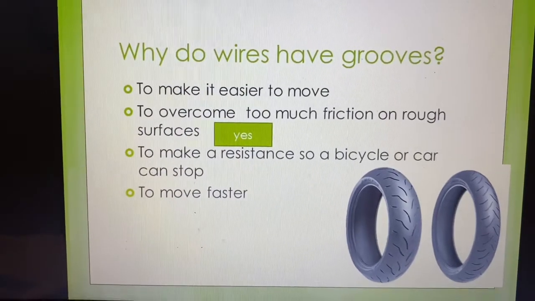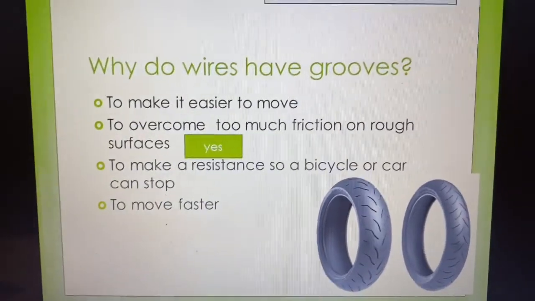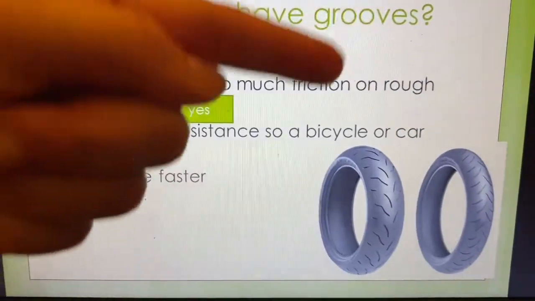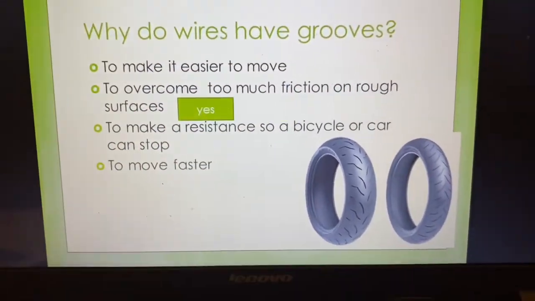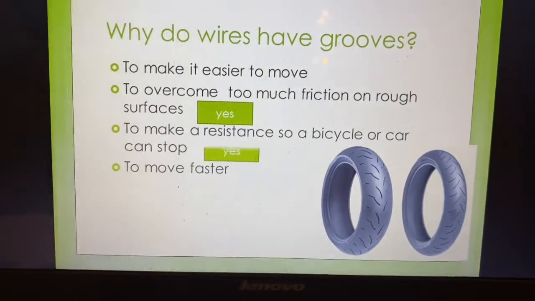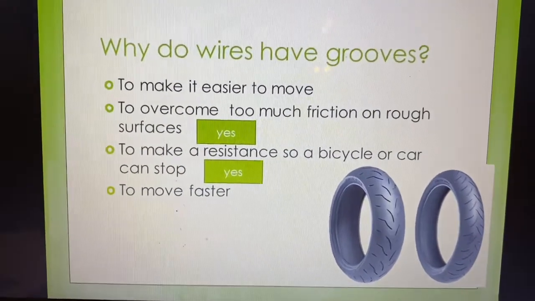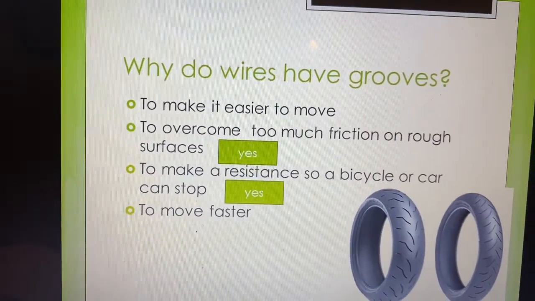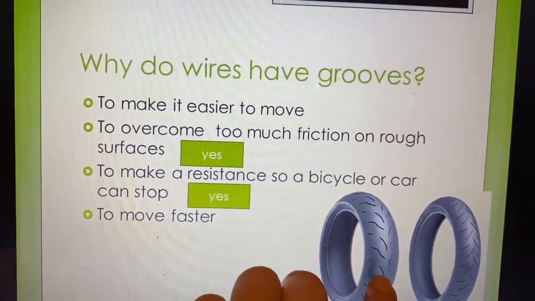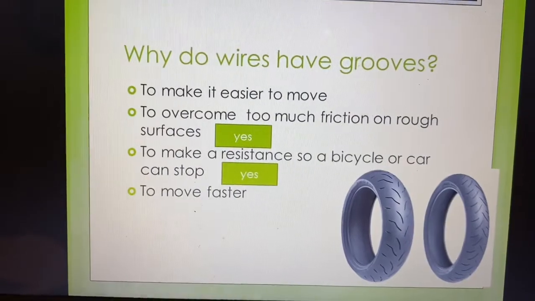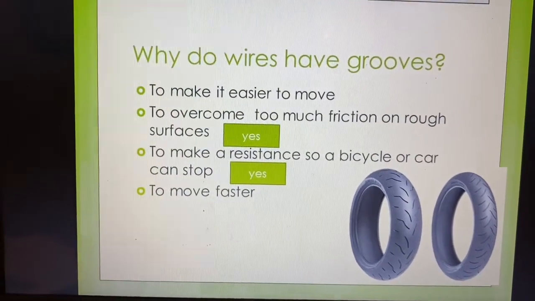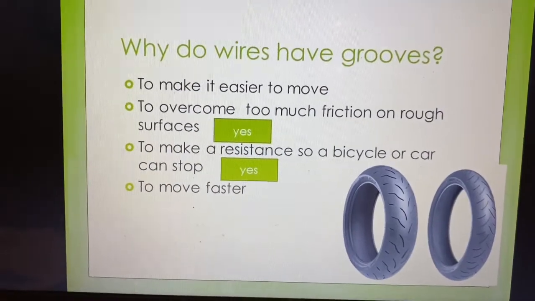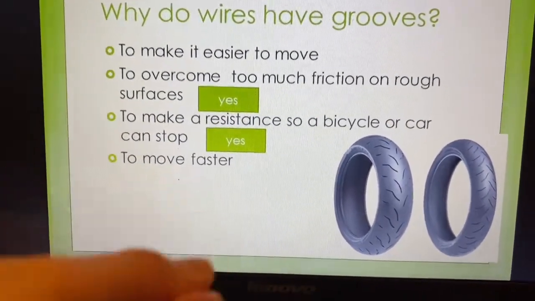If there is a lot of friction, these grooves can grip the floor and make the bicycle move if the person is pedaling. Also, it resists and helps the car to stop. Grooves always make more friction, and help the car or the bicycle to stop, and help the bicycle to start moving.